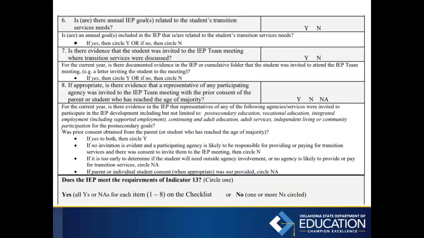Eight, if appropriate, is there evidence that a representative of any participating agency was invited to the IEP team meeting with the prior consent of the parent or the student who has reached the age of majority? So for the rest of this webinar, we are going to look at each of these required components in more detail.